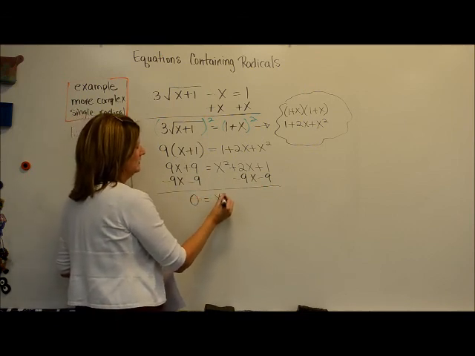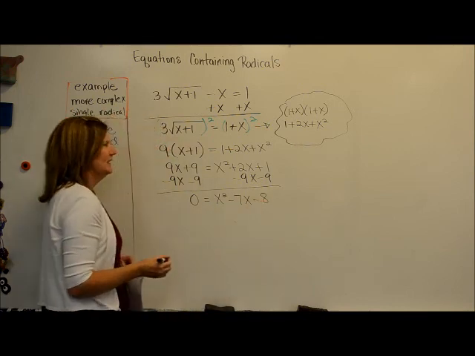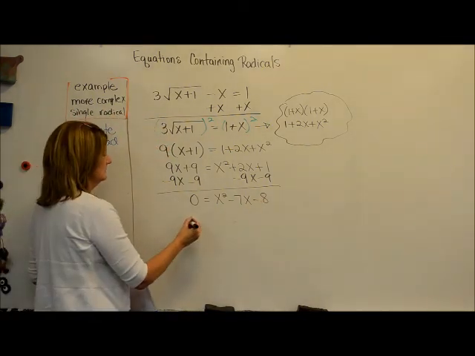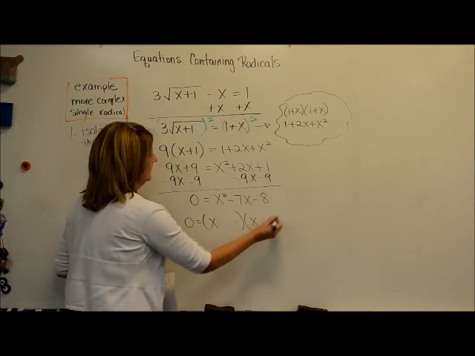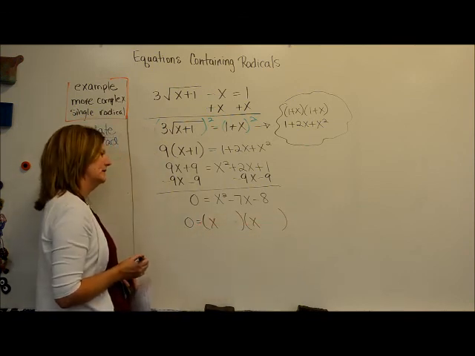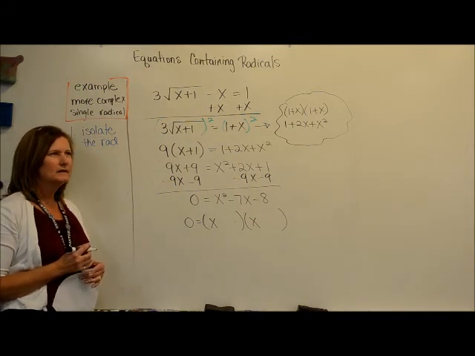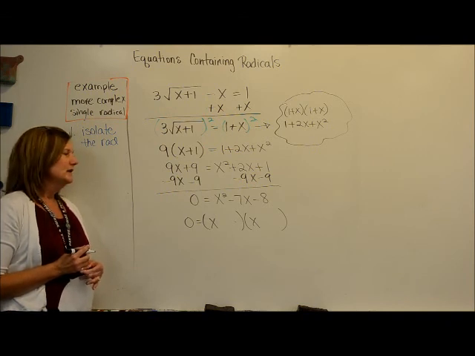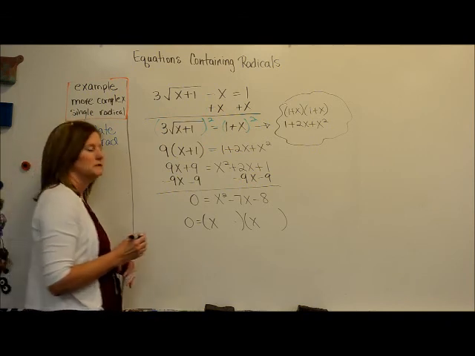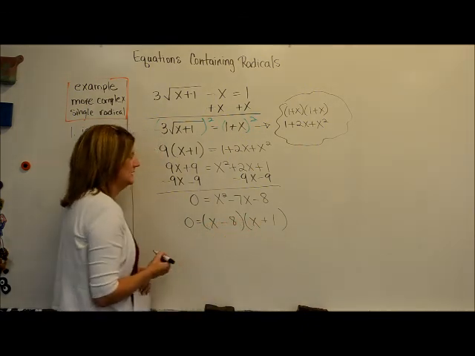I have x squared minus 7x minus 8. And then I'm going to factor it. So I have 0 equals x times x. Two numbers, when you multiply them together, you get negative 8. When you add them together, you get a negative 7. All right, well, it must be negative 8 and a positive 1, I'm thinking.